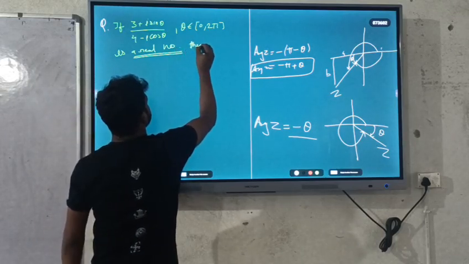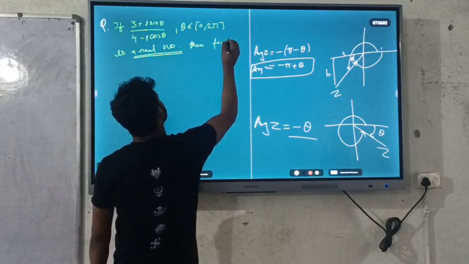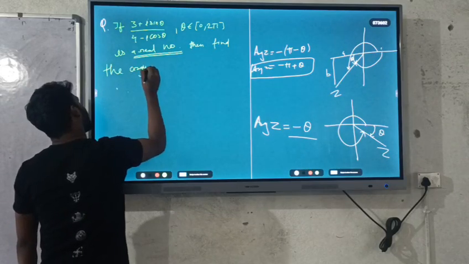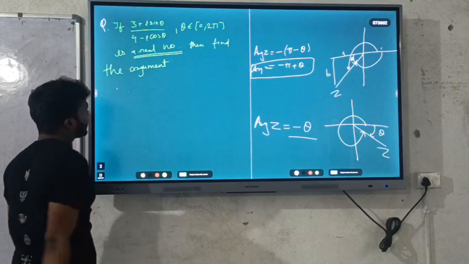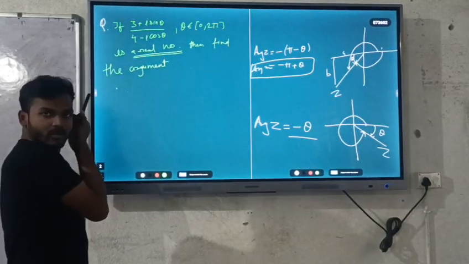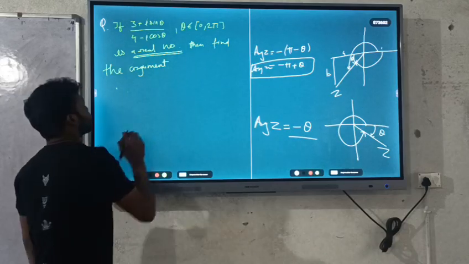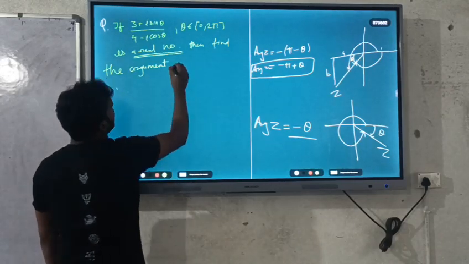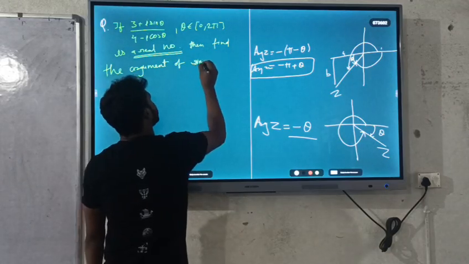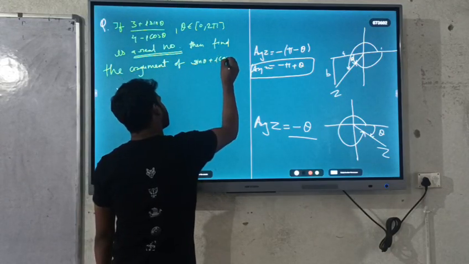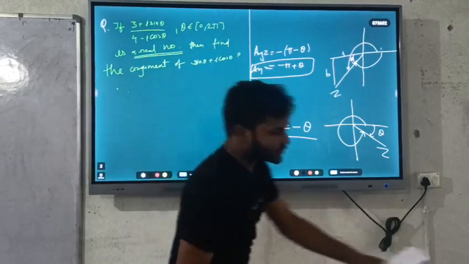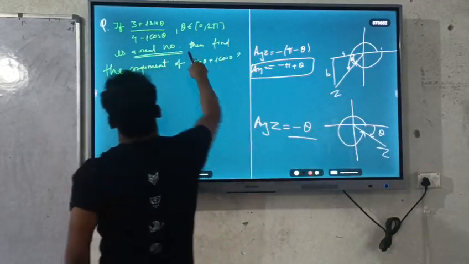Then find the argument. If a question does not mention the general argument, then we have to calculate the principal argument. So we have the principal argument of sin theta plus i cos theta. We have to calculate the argument for this complex number.